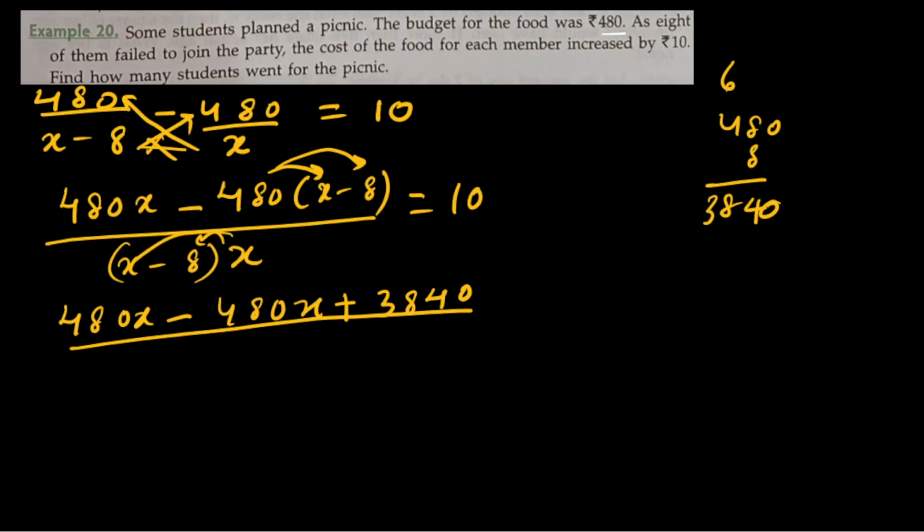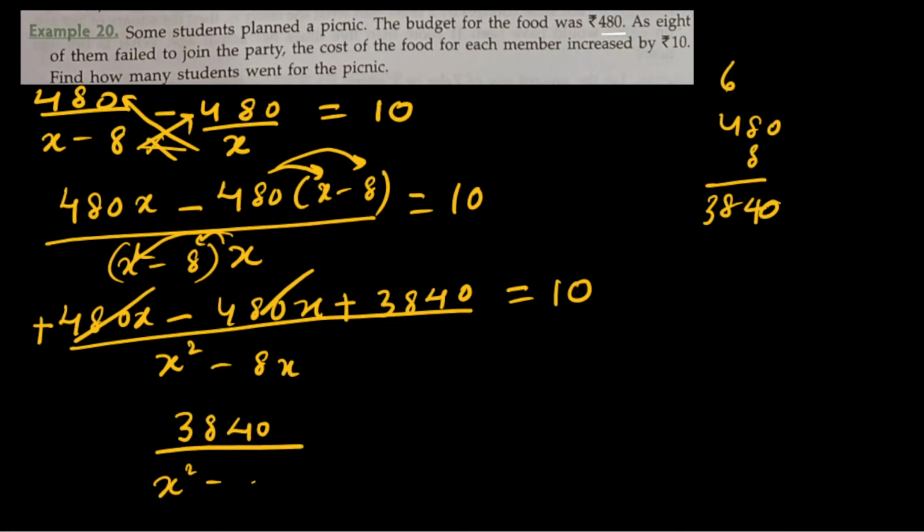So x with x also, x square minus 8x, and this is equal to 10. Now 480x and minus 480x will get cancelled, because when you add the same positive and negative, the answer is 0. So here I've got 3840 by x square minus 8x is equal to 10.